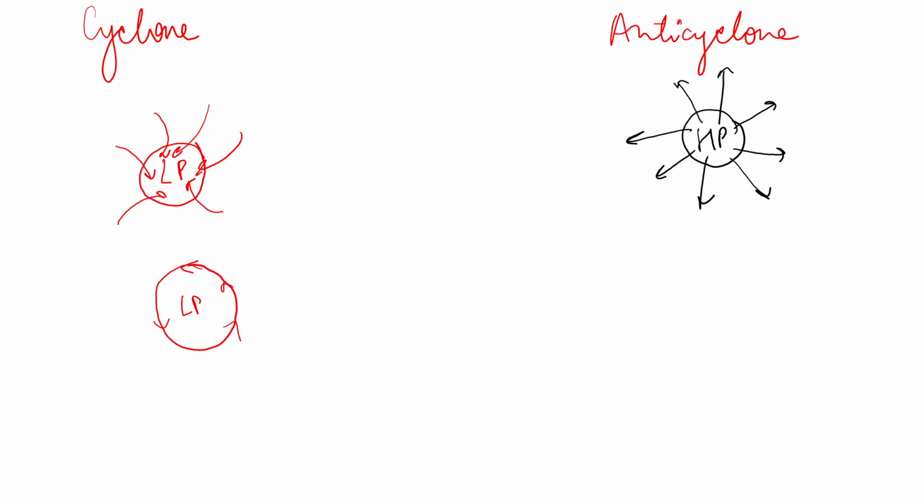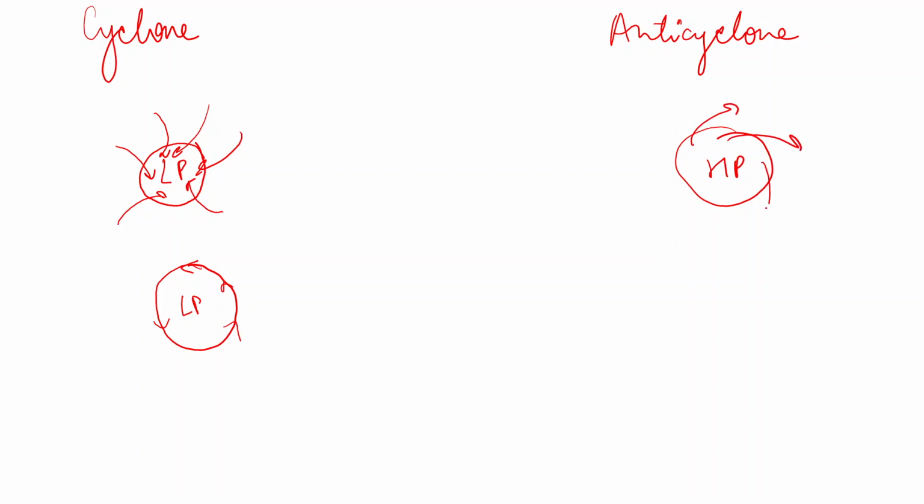While for the anticyclones, the same would be clockwise. So the anticyclones are shown in another way. If this is the high pressure over here, they are shown this way. So their movement direction is like the movement of a clock.